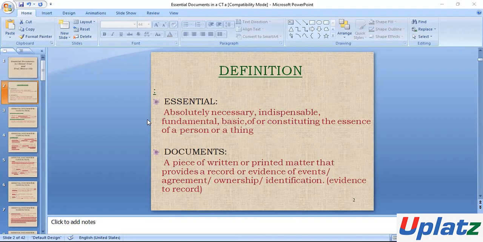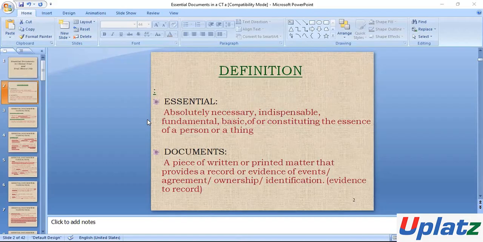So, conducting a clinical trial requires the production and maintenance of a wide range of essential documents to ensure that the trial is conducted in a rigorous and ethical manner. It meets regulatory requirements and it provides evidence of safety and efficacy of new treatments. So, in this session, we will discuss the essential documents which are required and how the regulatory binders are kept.